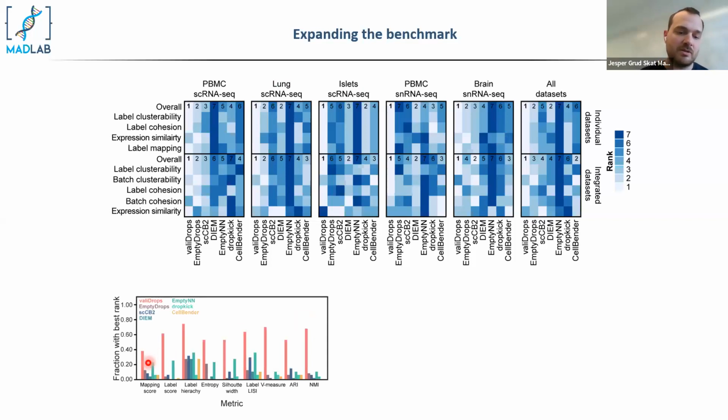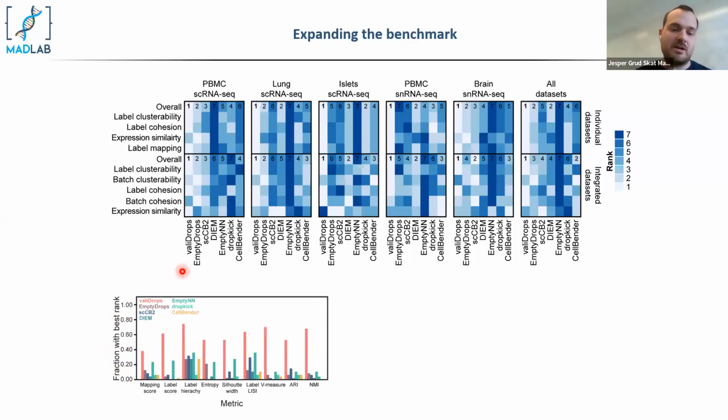It's shown down here in the fraction. In red we have valiDrops again, and we can see that valiDrops is consistently performing well across metrics, and it's the best in approximately 50% of the data sets. And we never found a data set where valiDrops was worse than the third best performer.